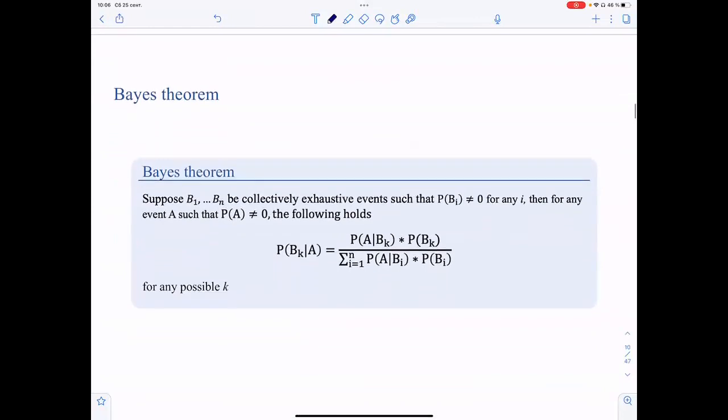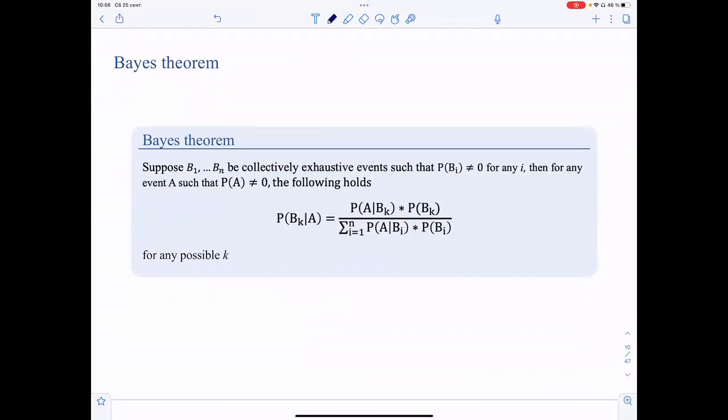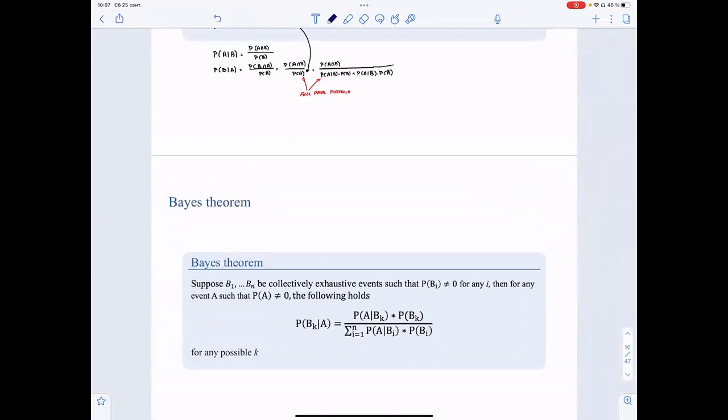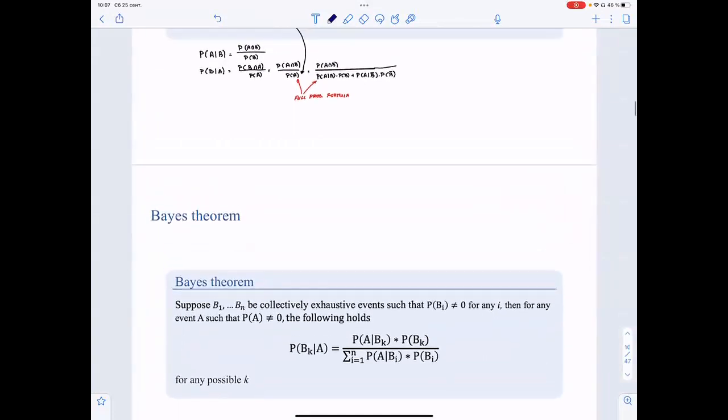Well, if you ask me about the application of this formula, I will probably say that this is not a very useful formula, but because it was developed by a genius mathematician, we all know this formula as Bayes formula or Bayes theorem. So hopefully you do see both slides on your screen simultaneously.